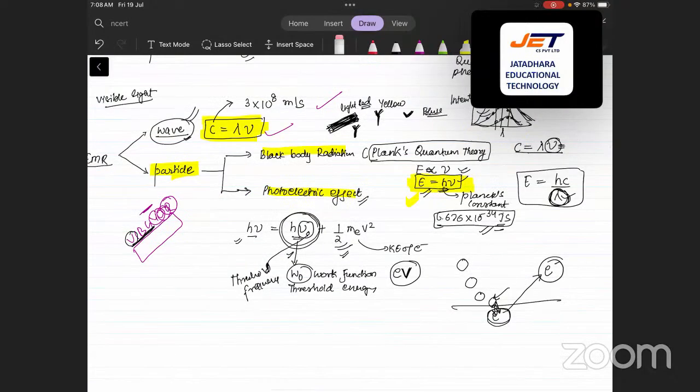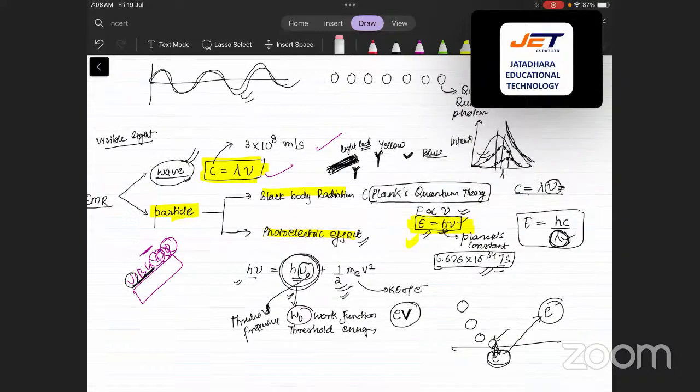Everything we have learned till now, and these formulas, is here on just one screen. So this is all for today, and I'll see you in the next class, which is tomorrow.